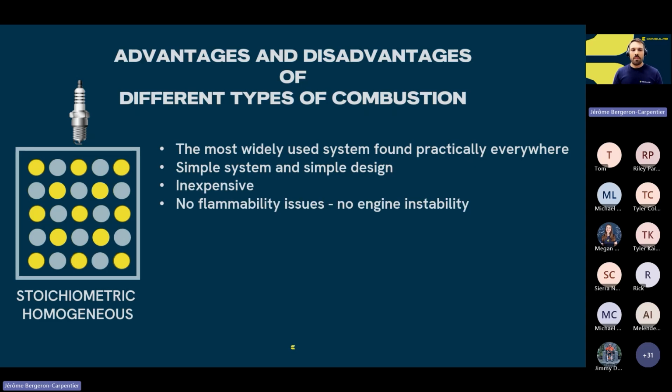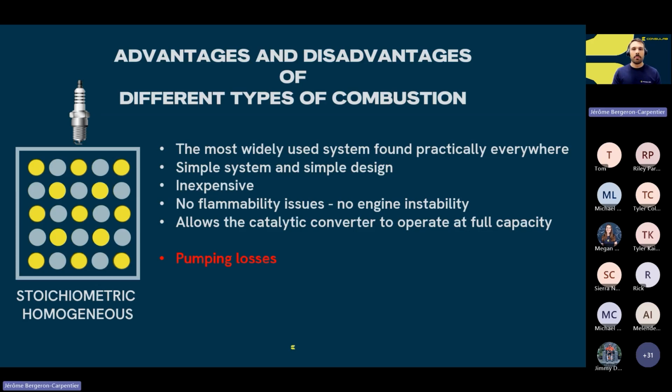Inexpensive, no flammability issues, no engine instability. The stoichiometric homogeneous is like the ideal combustion inside our engine, so everything should be fine. Also, it allows the catalytic converter to operate at full capacity. The converter has enough air to do its job and treat all those NOx, HC, and CO.